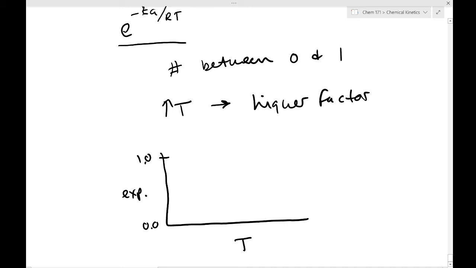If we look at this as a function of temperature, at very low temperatures, the exponential factor is basically 0. But as we approach higher temperatures, it gets closer and closer to 1. So this is what that exponential factor is doing with respect to temperature. The higher the temperature, the higher the exponential factor. The lower the temperature, the lower the exponential factor.